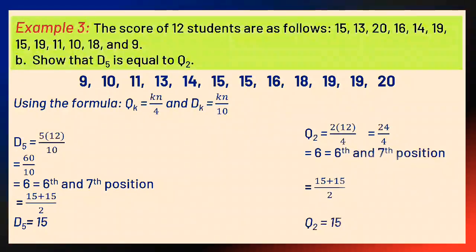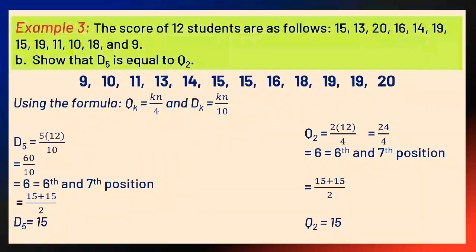And last but not the least, we are going to identify the value of quartile 2. So we have 2 times 12 divided by 4, that is equal to 24 over 4, and that is equal to 6. Since it is a whole number, we are going to get the average of the 6th and the 7th position. By counting, we have 15 for the 6th position and 15 for the 7th position divided by 2.